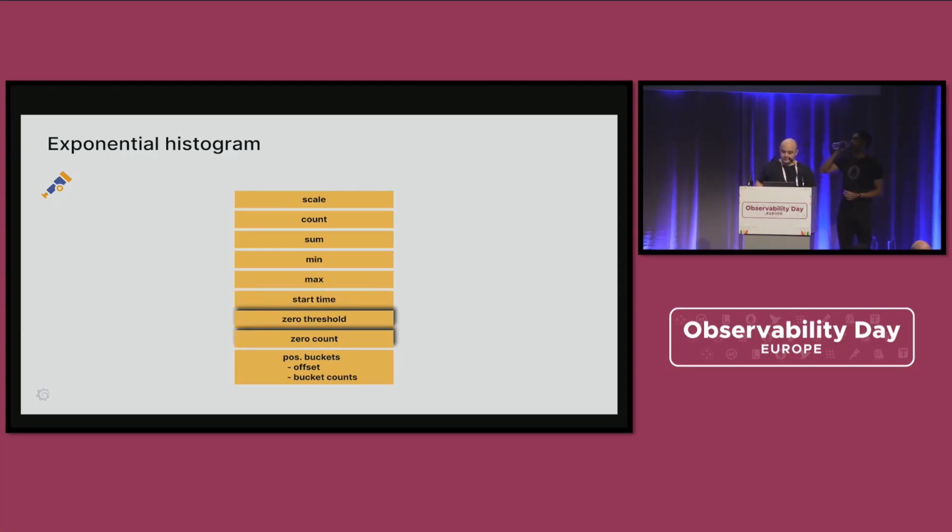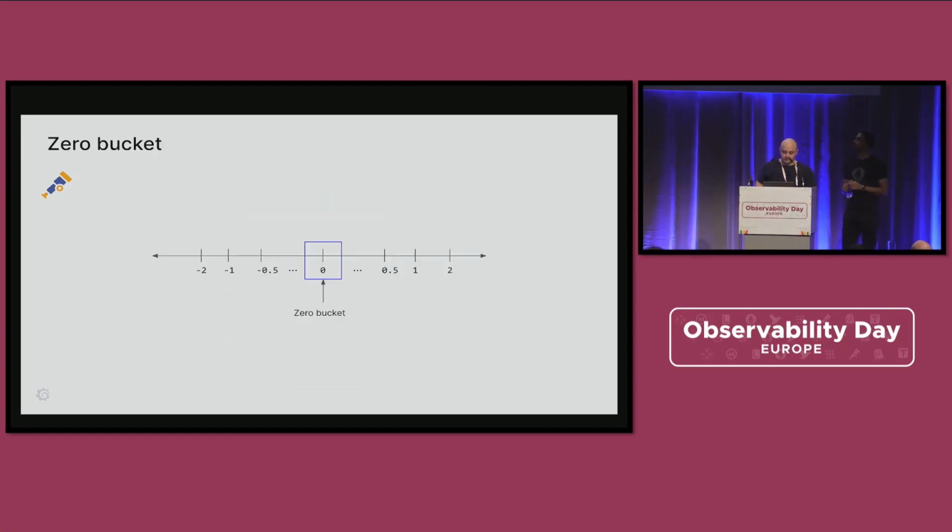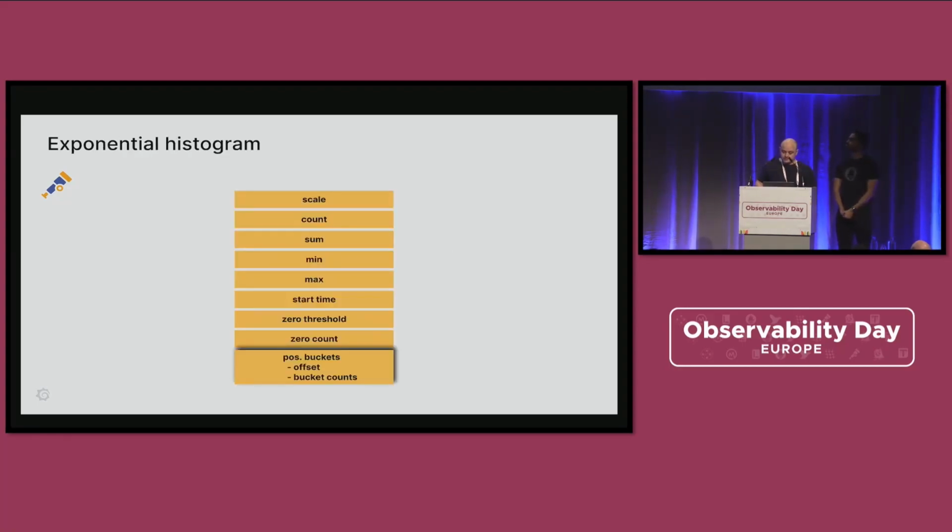Zero threshold and zero count define the zero bucket. A zero bucket contains a count of observations whose values are less than or equal to the zero threshold. Zero threshold is an arbitrary value, and it is not related to the scale. The last field is positive buckets. Please note that there are also negative buckets, and they are stored separately. But for the sake of simplicity, we will focus only on positive buckets.